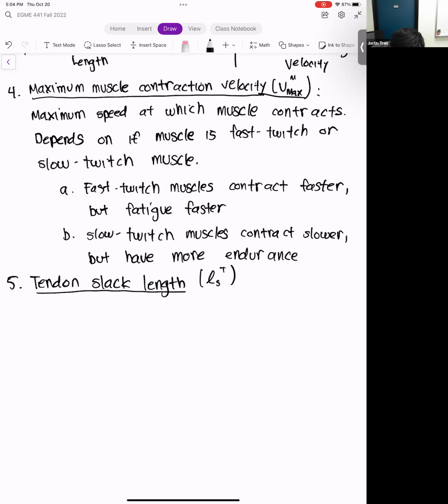The symbol for that we'll call LST. And the tendon slack length is a measure of how elastic or how springy your tendon is that's attached to your muscle.